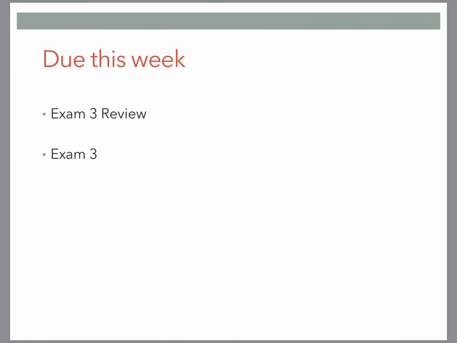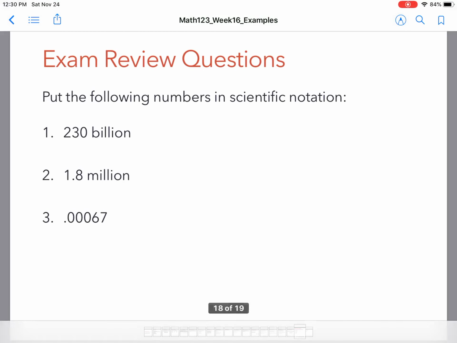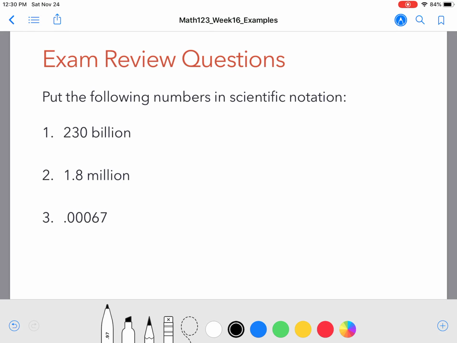All right, put the following numbers, and this is the last one actually, in scientific notation. So 230 billion. We're just going to write it out with all the zeros. So I'm going to have 230, this would be thousand, this is million, so that right there is billion.